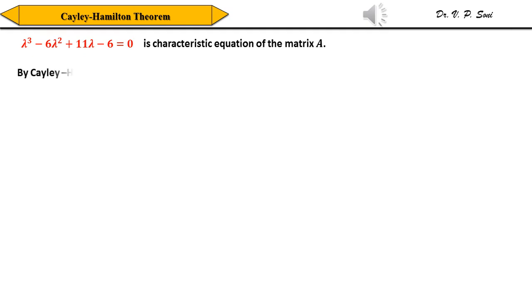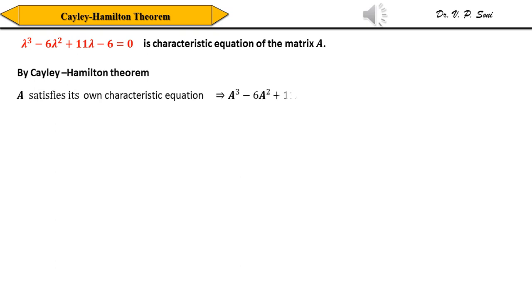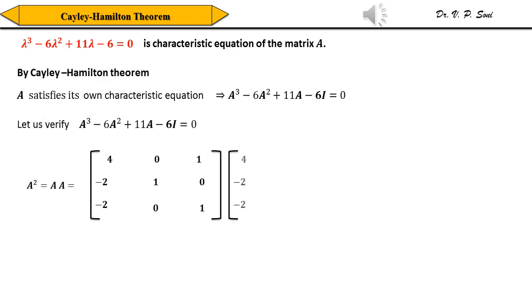Now by Cayley-Hamilton theorem, A satisfies its own characteristic equation. This implies A cube minus 6A square plus 11A minus 6I equal to 0. Let us verify A cube minus 6A square plus 11A minus 6I equal to 0. First we find A square and A cube.